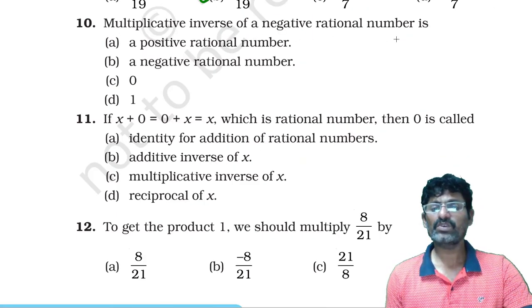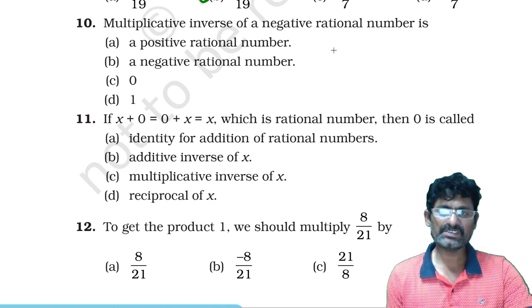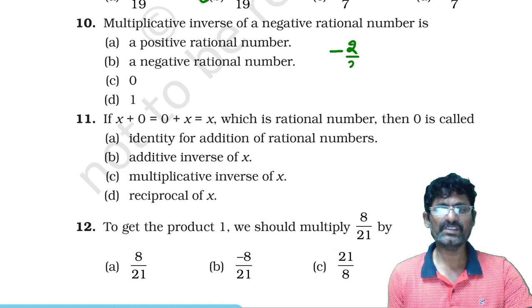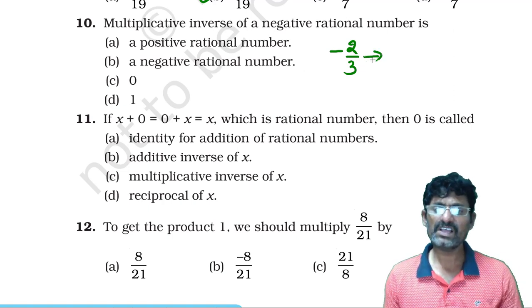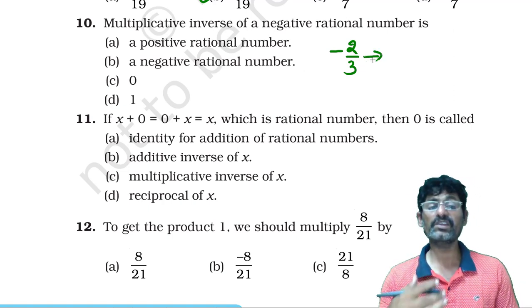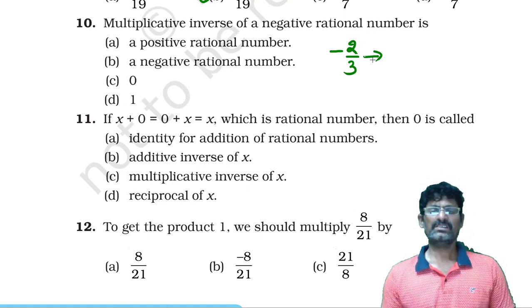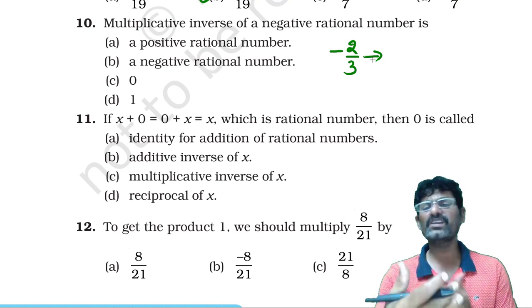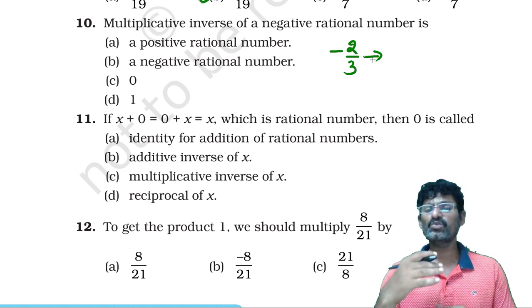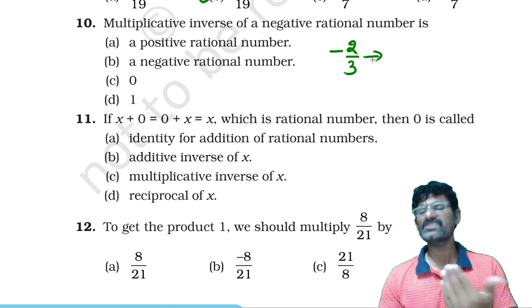The multiplicative inverse of a negative rational number is... Suppose we take a negative rational number, let us take negative 2 by 3. What is the multiplicative inverse of this one? That is also called the reciprocal. How can you get the reciprocal or multiplicative inverse of any number? Just switch the numerator and denominator. That means write the numerator as the denominator and the denominator as the numerator.